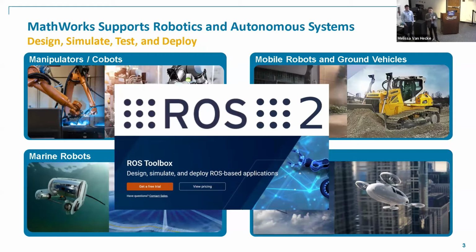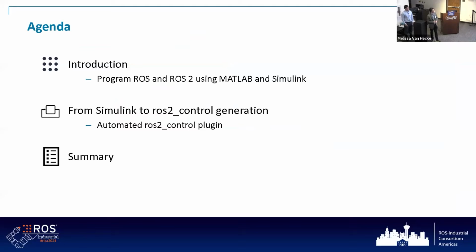Through our comprehensive support for ROS and ROS 2, we are really committed to empowering researchers and engineers in the robotics community. I will briefly discuss how we support ROS and ROS 2 from MATLAB and Simulink, and then Josh will take over on how we create ROS 2 control from the Simulink control model.